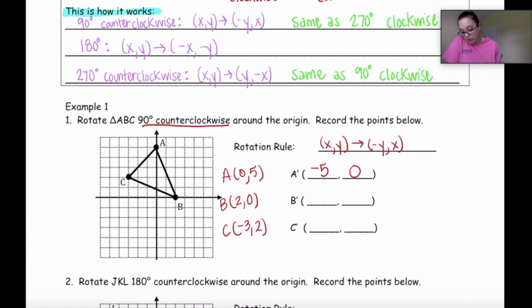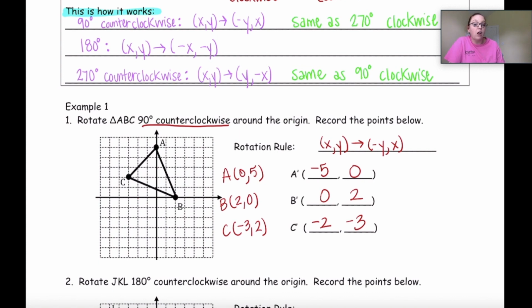Well, the opposite of 0 is 0. And then I'm going to take my x coordinate and leave it the same, so I'm going to keep that 2. For C, take the opposite of my y coordinate, so the opposite of 2 is -2. And then the x coordinate would stay, so I'm going to keep that -3. So A prime, B prime, and C prime should be at those points.